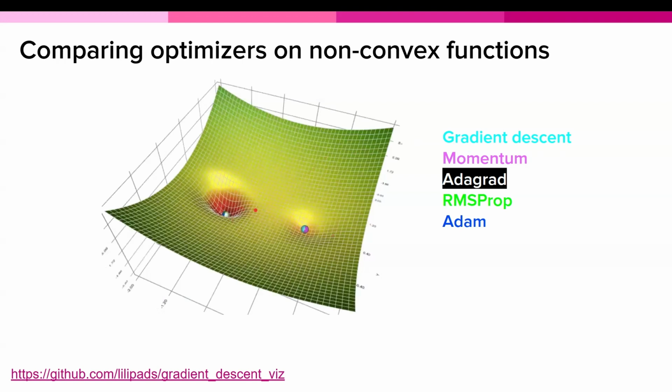Adagrad, RMSProp, and Adam are adaptive optimizers. So this means that they adjust their learning rates based on the magnitude of past gradients for each parameter. And so this adjustment allows them to take smaller steps in regions with high gradient variance and larger steps in flatter regions.